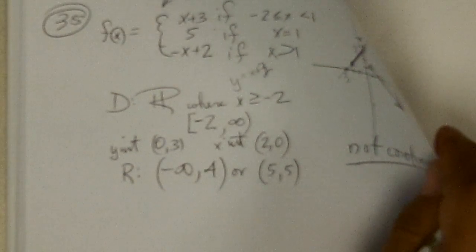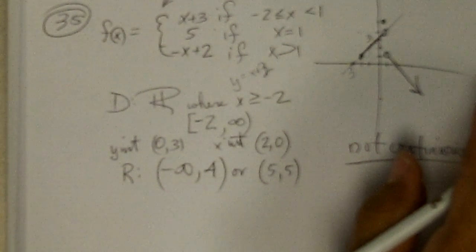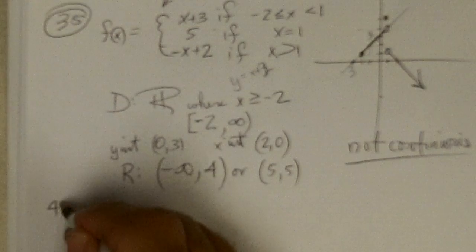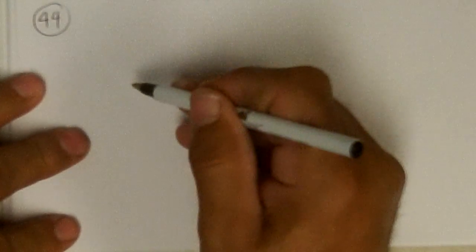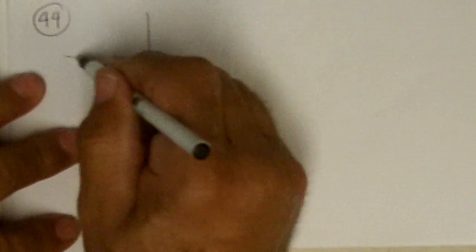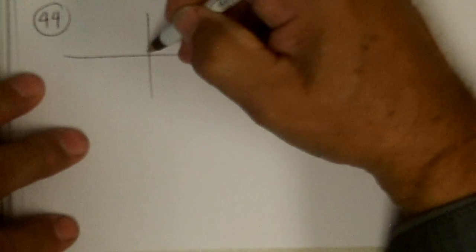Okay. And then 44. It's got a graph, and you're supposed to write a definition for each of these. And then write this piecewise function. So the graph has this.